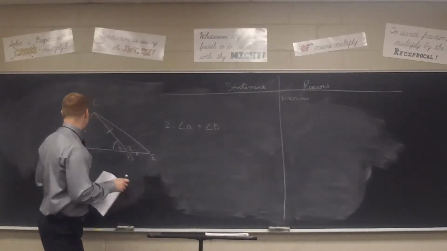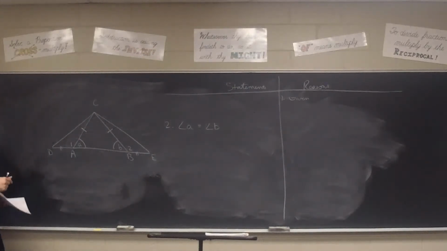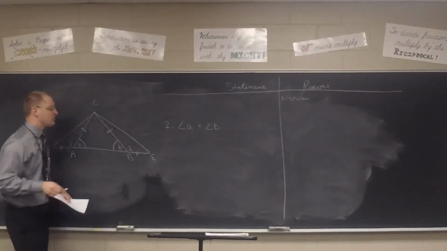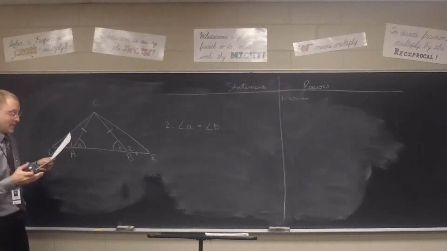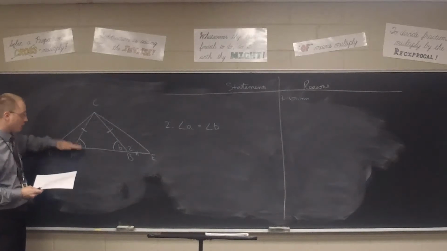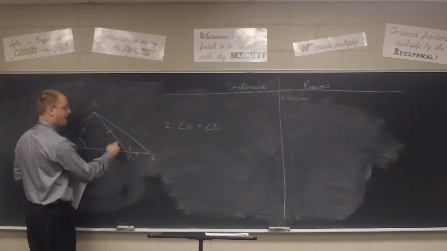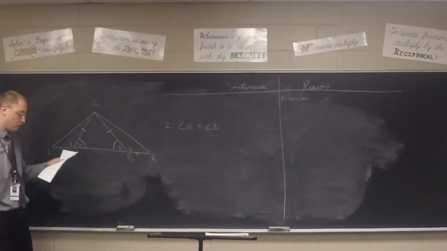I then said this, that angle 1 plus angle A is a straight angle. And then angle B plus angle 2 is a straight angle. And I went ahead and gave you the reason. I said it's because, in formal statement 10, the sum of all the angles about a point on one side of a straight line equals a straight angle. The sum of all the angles, both of them, about a point on one side of a straight line equals a straight angle.